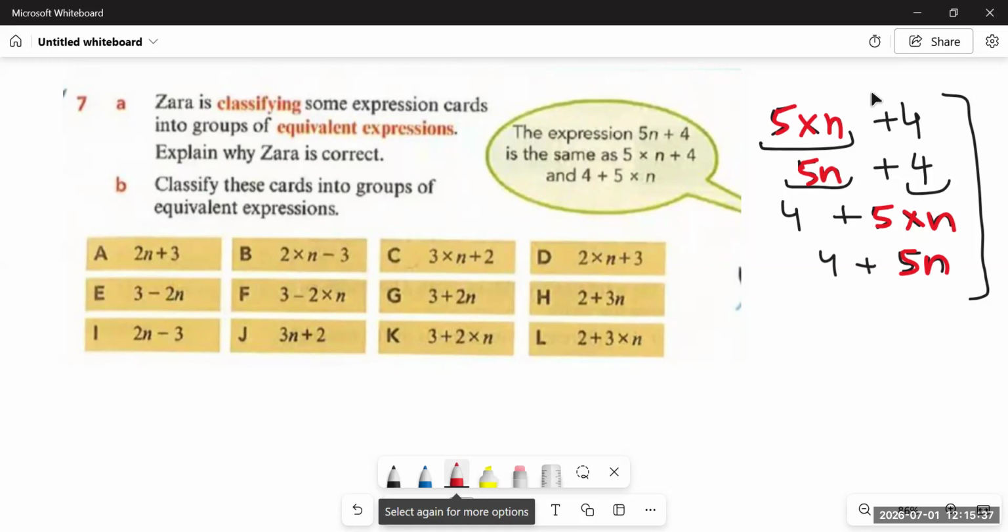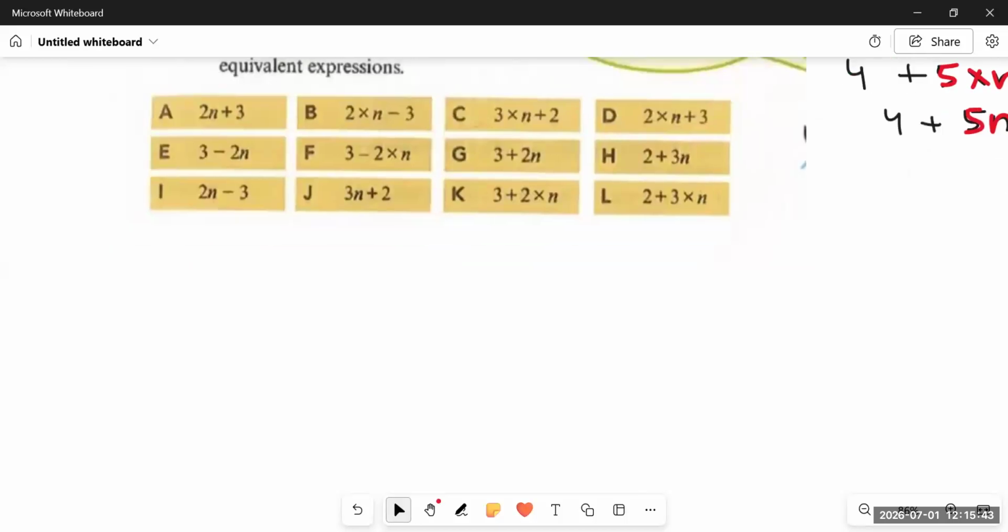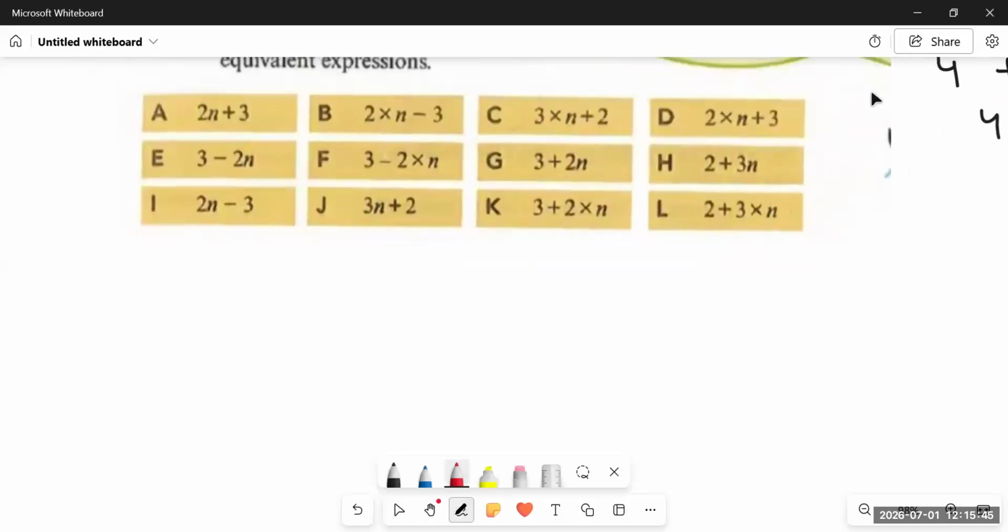Now, what do we have to do? We have to classify these cards into groups of equivalent expressions. So if we talk about 2n plus 3, let us first make the expressions of our own. How can we write it? We can write it as 2 multiplied by n plus 3.